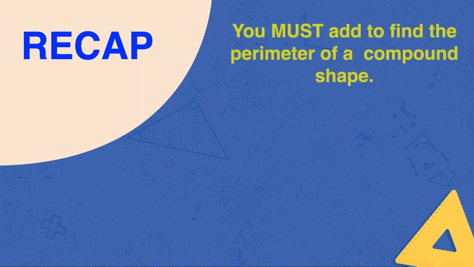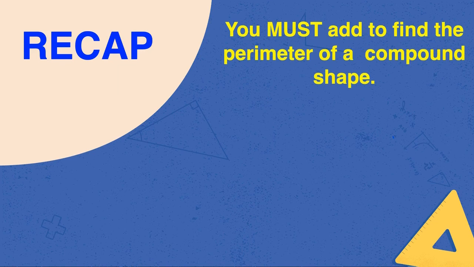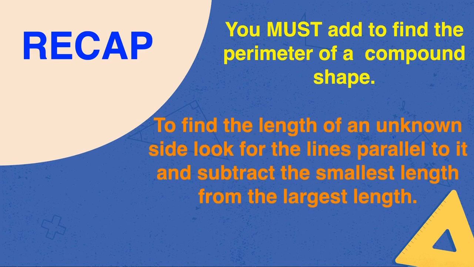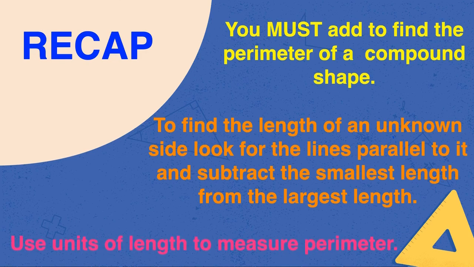We learned that you must add to find the perimeter of a compound shape. We also learned that to find the length of an unknown side, look for the lines parallel to it and subtract the smallest side from the largest side. And of course, we cannot forget that we must use units of length to measure perimeter.